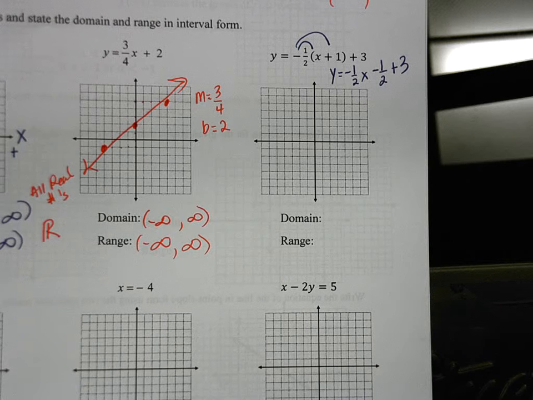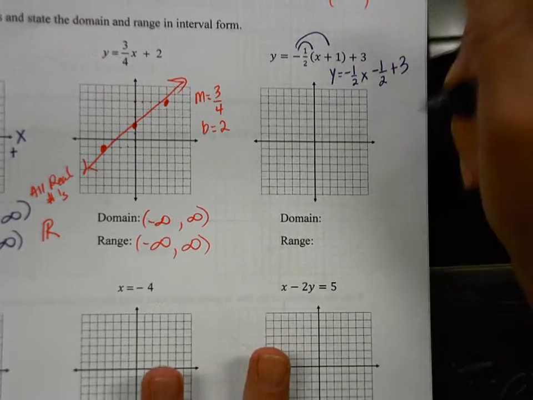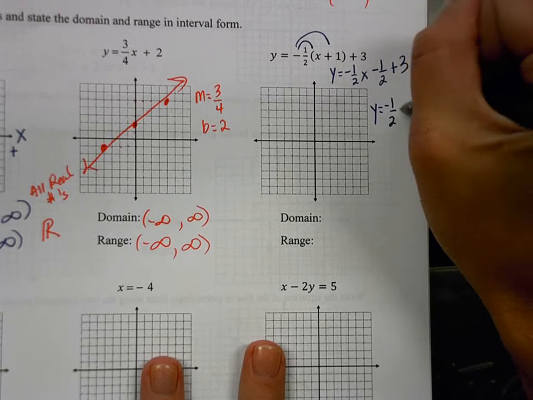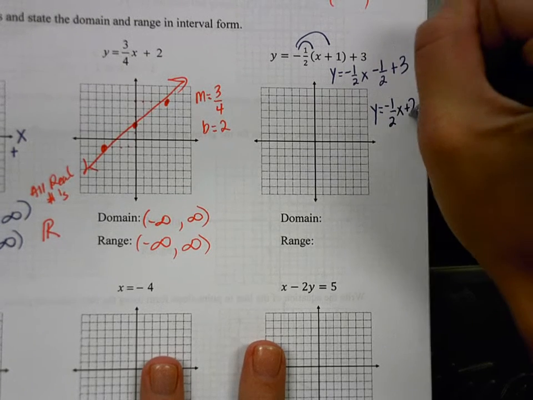Because a half is like 50 cents, right? Half a dollar. So if you have $3 and you take away $0.50, how much do you have left? $2.50 or 2.5. Is that okay with everybody? All right. So that means that this equation will be y equals negative 1/2 x plus 2.5.